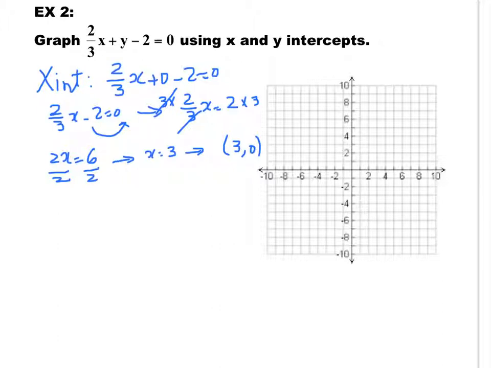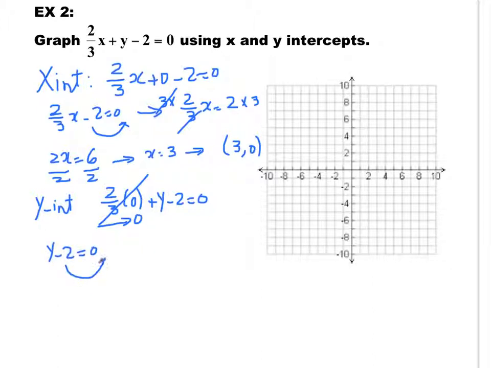We do exactly the same thing for the y-intercept. We will set x equal to 0. So 2/3 times 0 plus y minus 2 is equal to 0. This one is going to give me 0. So I get y minus 2 is equal to 0.